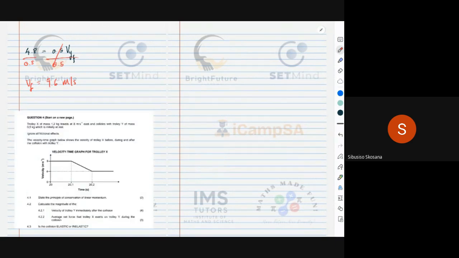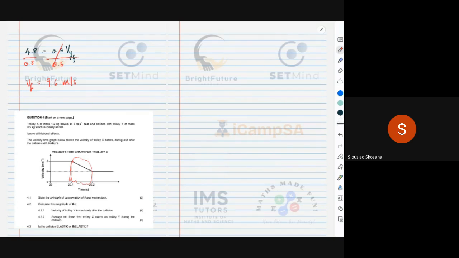So now, next question. They want the average net force that trolley X exerts on trolley Y during the collision. Remember, I said this part here is the collision time.